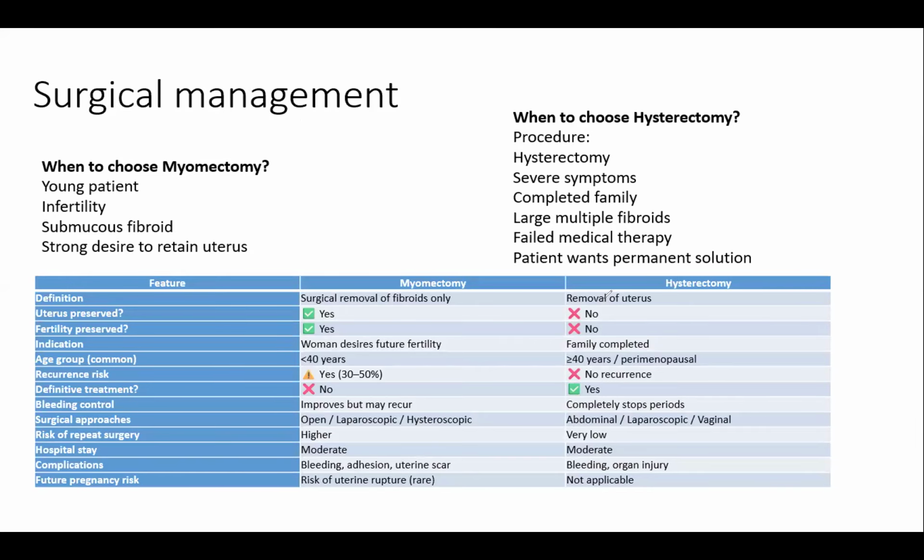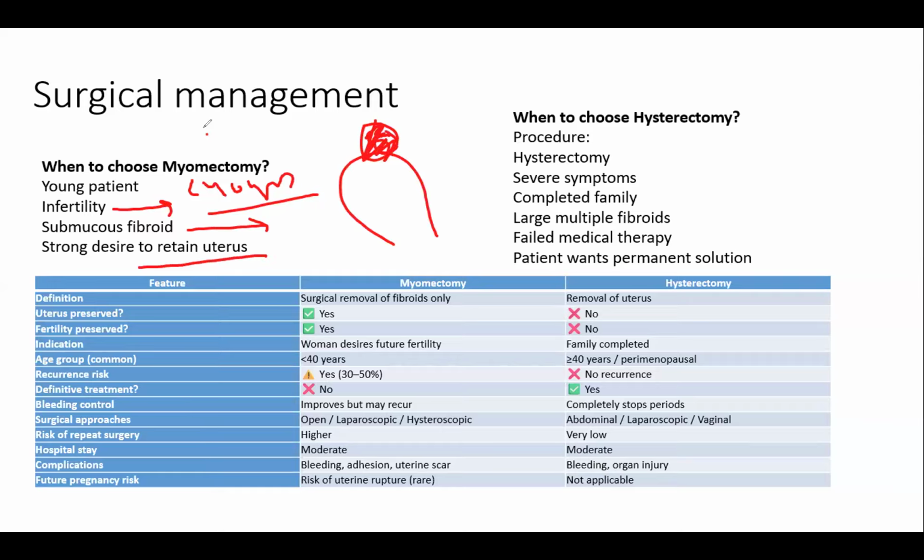You should have an idea when to choose what. If a patient is a young patient who is less than 40 years, who has not completed the family, subfertility or infertility, who is having a fibroid and strong desire to retain the uterus, then you go with myomectomy. What is myomectomy? You remove only the myoma, keep the uterus intact.